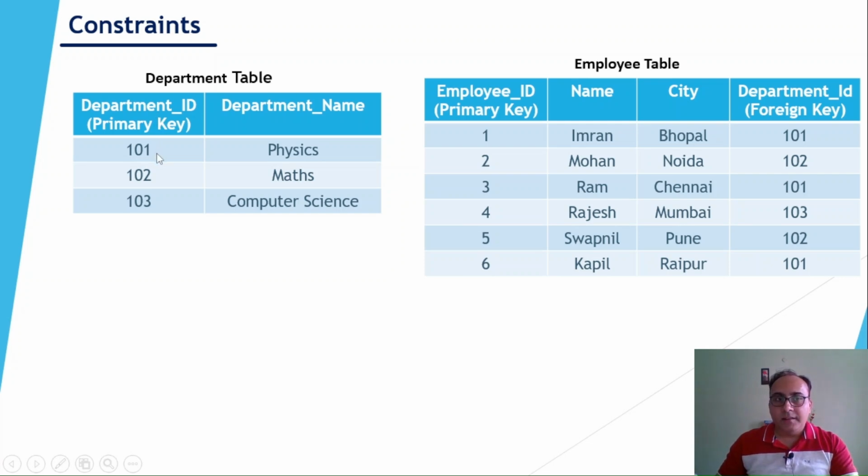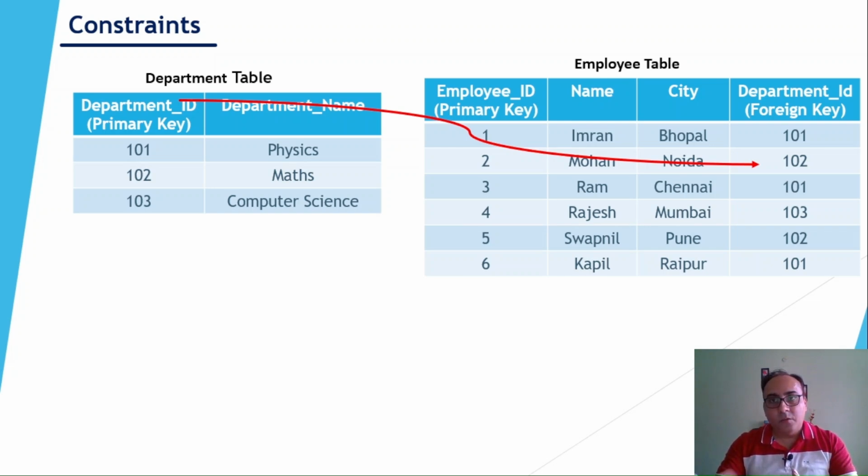If you look at the data of this table, we have 3 department IDs, 101, 102, 103. So the employee table can store values from only these department IDs. We can say that department ID here is a foreign key for the table employee, but a primary key for the department table.